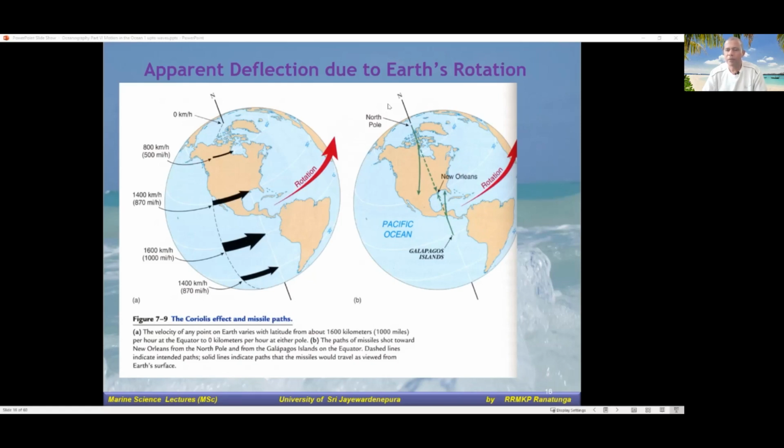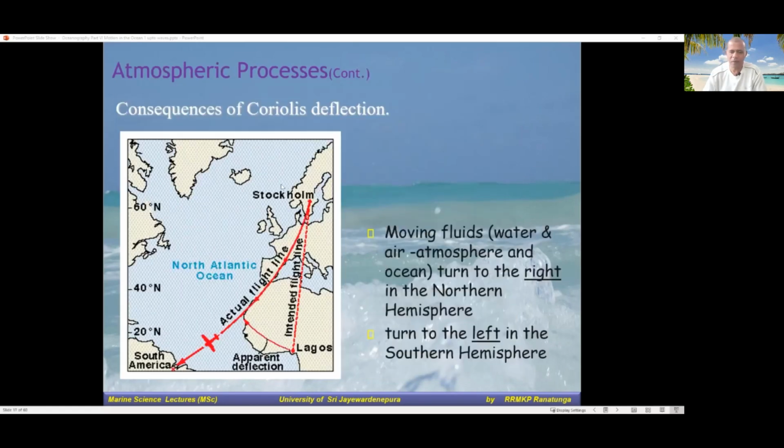And if you are coming from the north to the south, again it deflects clockwise. So if you are a pilot, you definitely need to know about this. Otherwise we will end up somewhere else, not the target. As you can see, the actual flight direction and the target will be very different from one another.